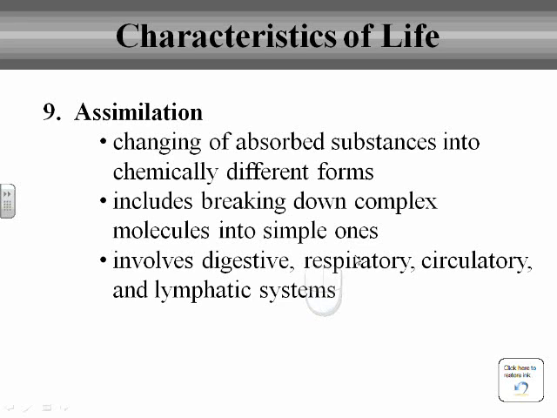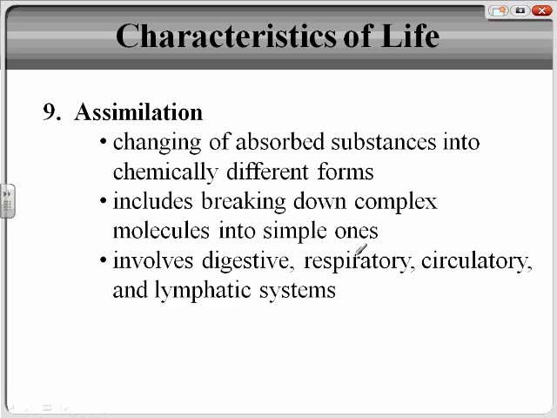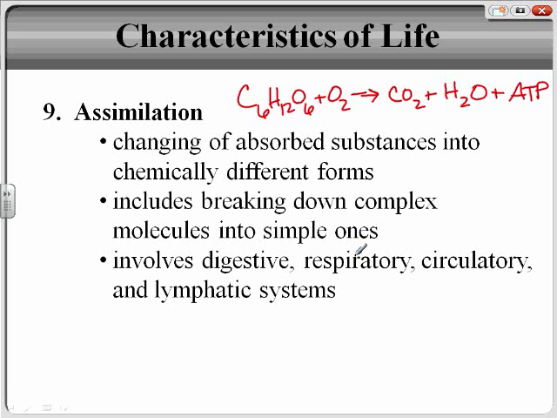Assimilation, all right, is another one of the key characteristics for living things. This is the idea that different molecules can be changed, all right? This is really what we were talking about before, all right? When we talked about respiration, we talked about cellular respiration being one of our other characteristics, and the idea that you can put glucose and oxygen in, and what you can get out is carbon dioxide, water, and ATP. We've got all of our basic atoms.